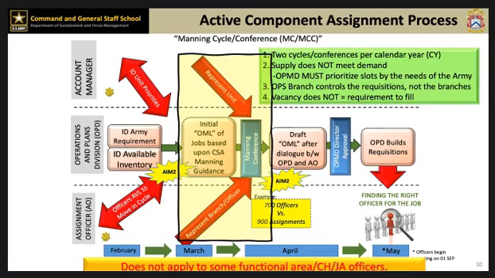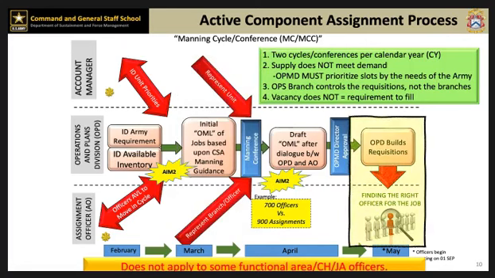At a manning conference, the assignment officers meet with the account managers for the commands and adjudicate how many openings will be validated based on available population for each branch and grade. Officers are not placed against positions at the manning conference. They simply determine the population versus the requirements numbers.